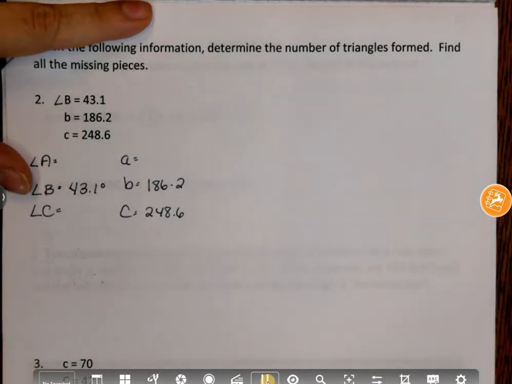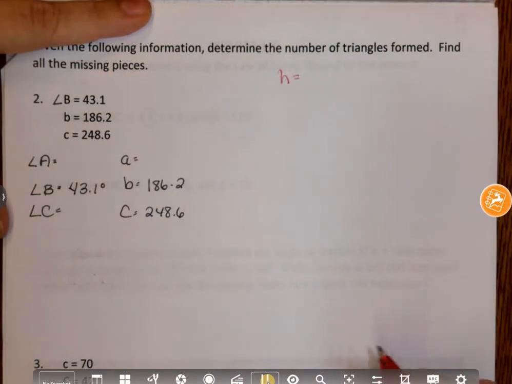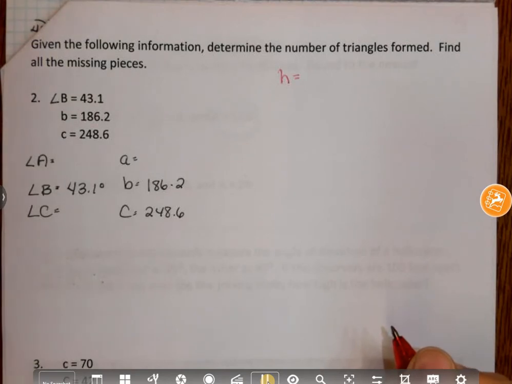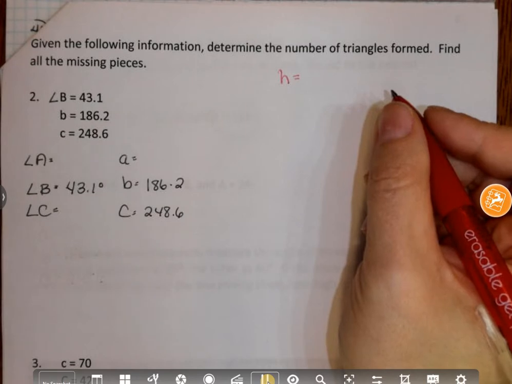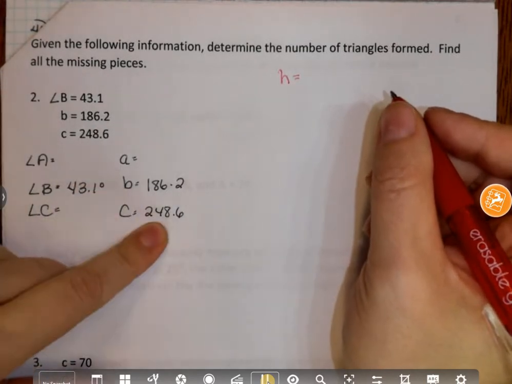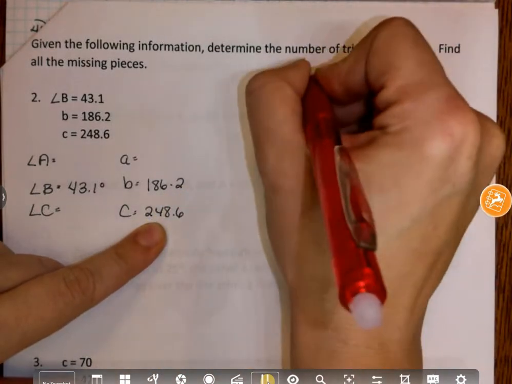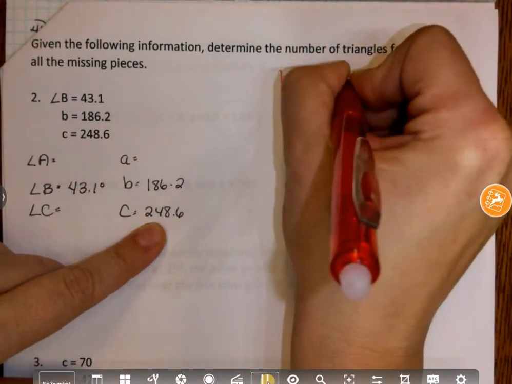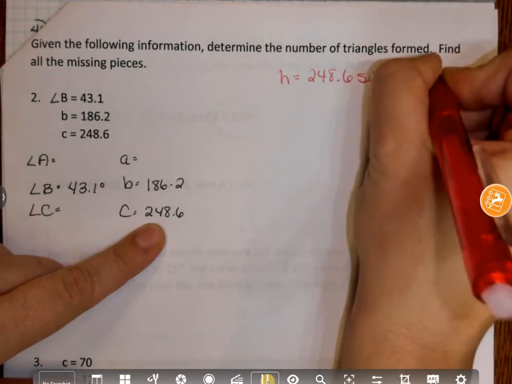Find the height. So in order to find the height in this case, I'm going to do what times what? B sine A. I don't have angle A this time though. Yes, the non-paired side. So I will say 248.6 times the sine of 43.1.